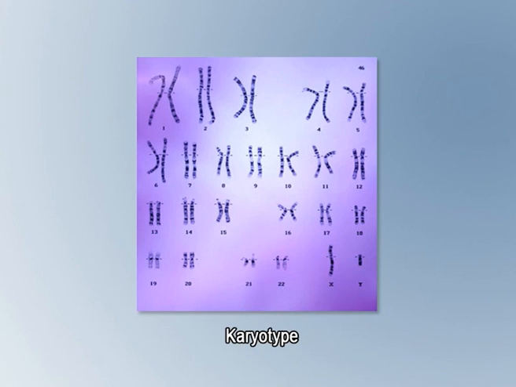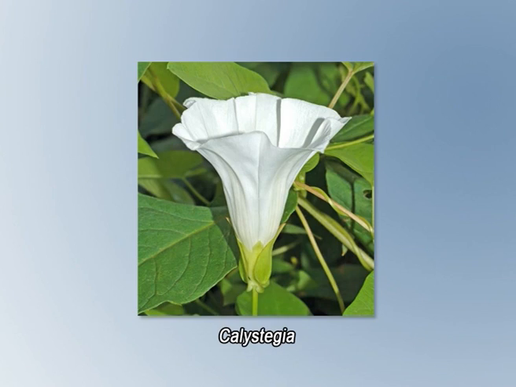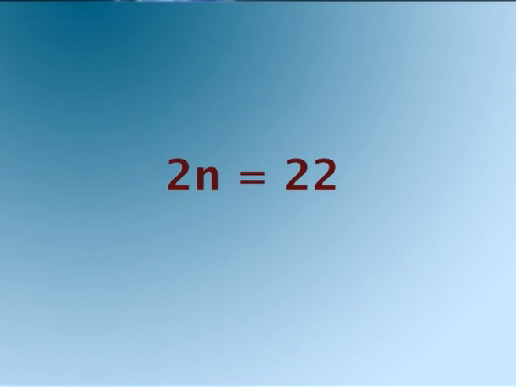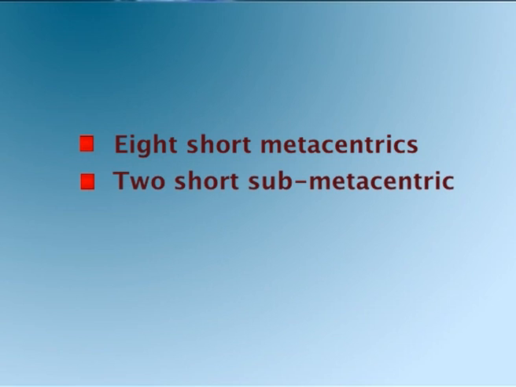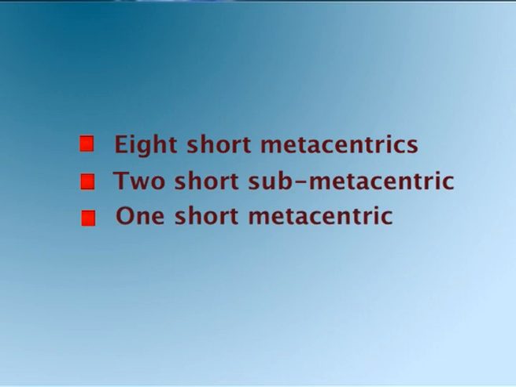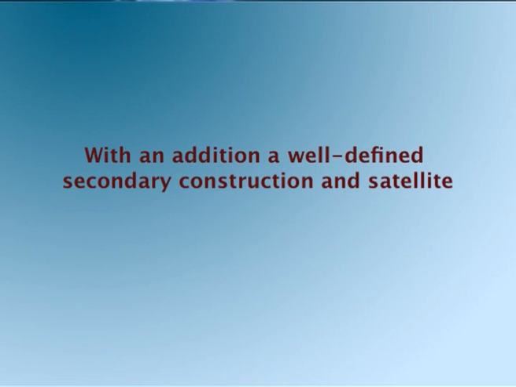The appearance of the basic chromosome set under the light microscope is known as the karyotype. For example, the karyotype of Calystegia 2n=22 consists of 8 short metacentrics, 2 short submetacentrics and 1 short metacentric with, in addition, a well-defined secondary constriction and satellite.